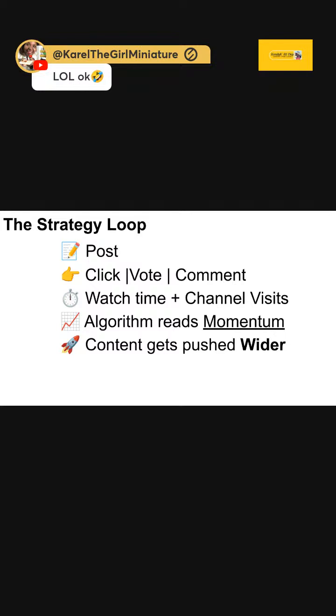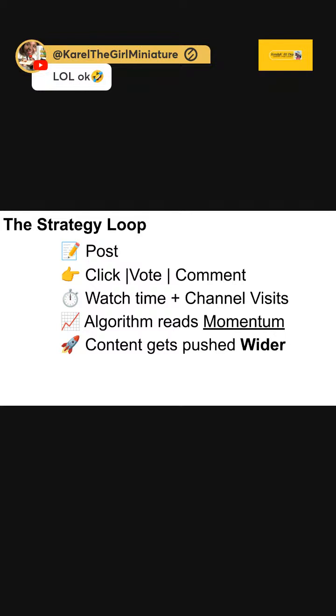Y'all begin also to monitor your watch time and the channel visits because that's what the YouTube supercomputers, the algorithm for short, is using. They are tracking the watch time on your content and the number of times viewers return to watch more of your content. Viewers, subscribers, and members. The more repeat viewers you have on your content, the more YouTube views that positively to send your content out to wider audiences.